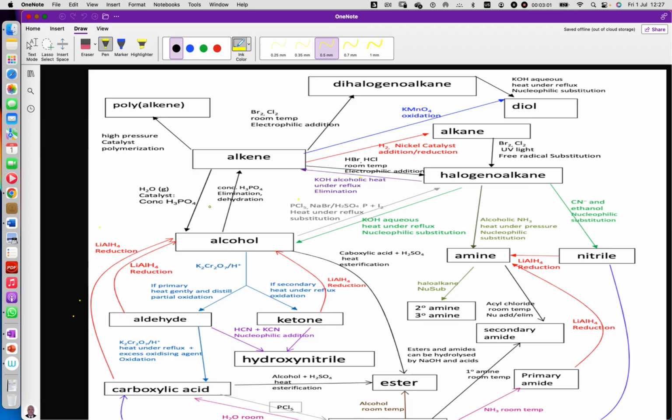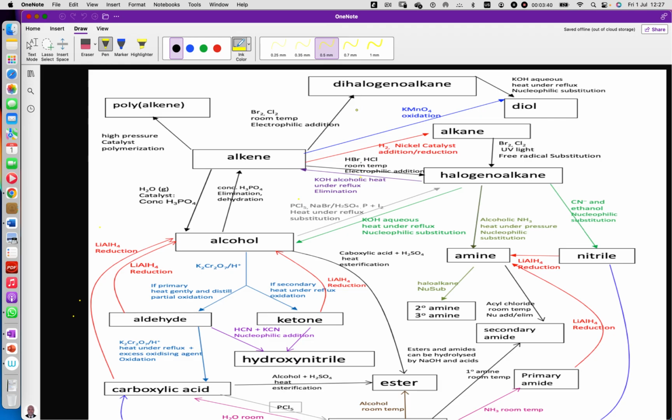Alkenes will react with halogens at room temperature, and this is by electrophilic addition on the double bond. When alkenes react with halogens, they will give a dihalogenoalkane.